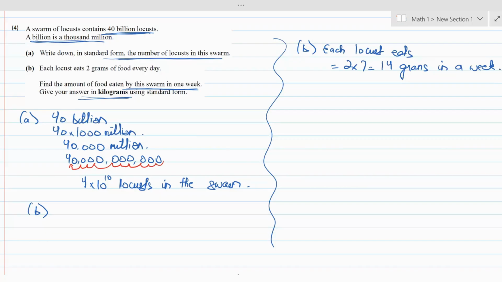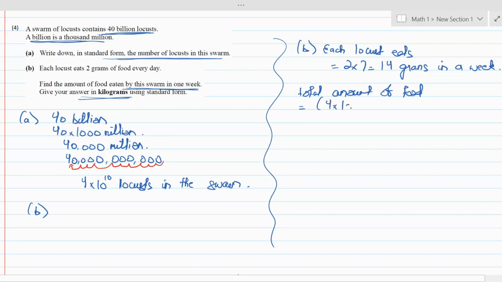So the total amount of food to be eaten, it would be the total locusts, which is 4 multiplied by 10 raised to the power 10, multiplied by the food eaten by each locust in a week, which is 14 grams.